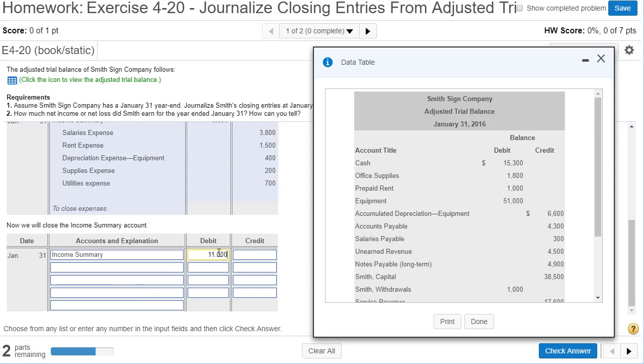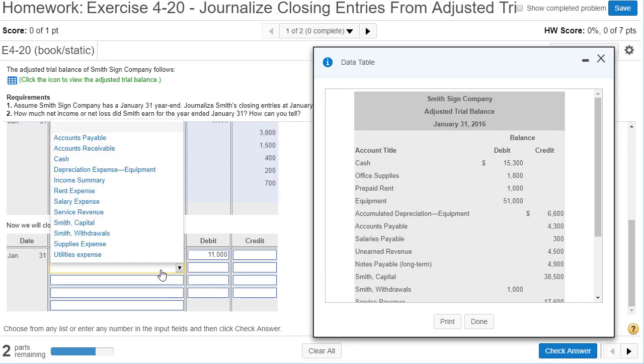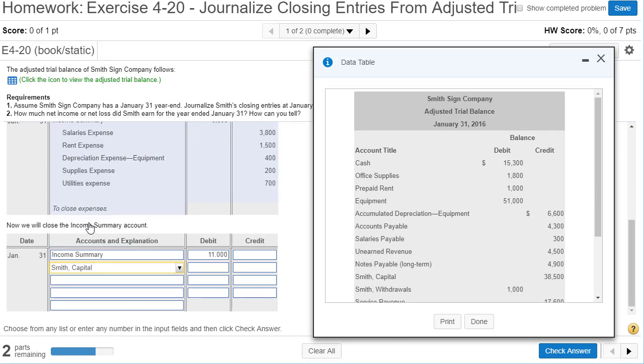And remember, this $11,000 represents net income. So what account does net income affect? Well, net income is going to increase capital. So how do I know that I have to credit capital? Two reasons. Well, if we debited the $11,000, then the other account has to be credited to make the transaction balance.